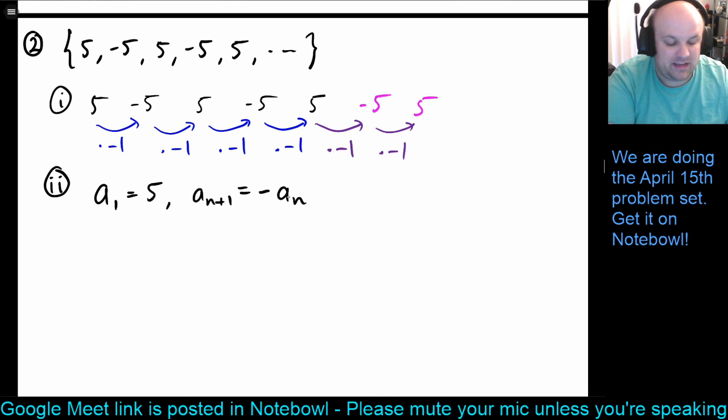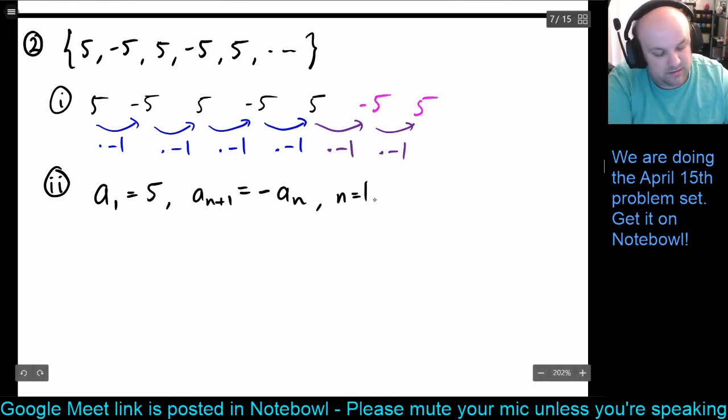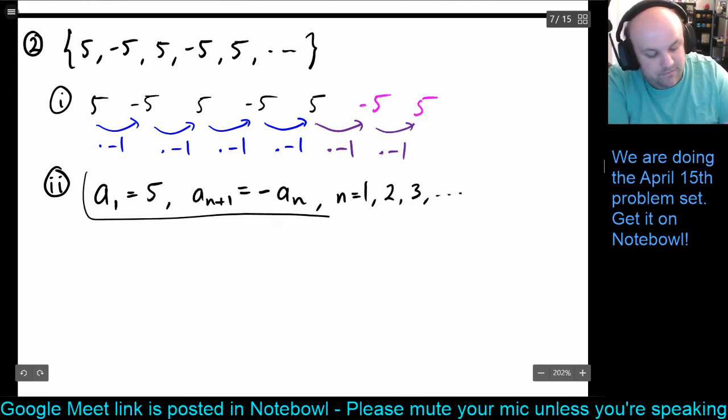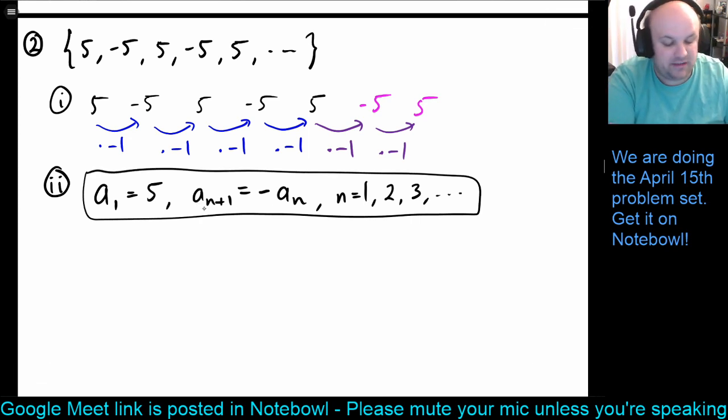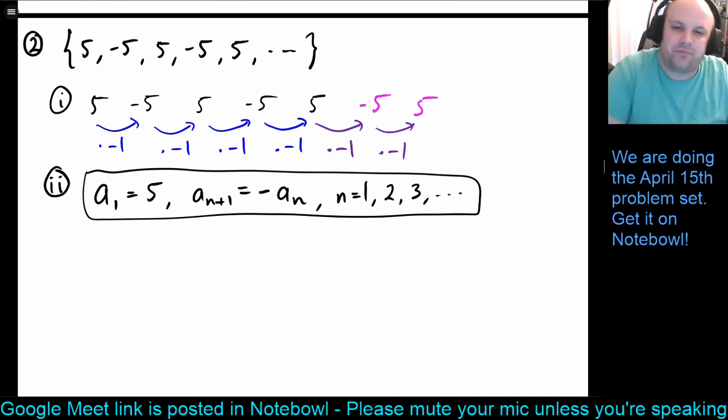Just take whatever we had before, multiply it by negative 1. And here this n starts at 1. Again, there's no harm in saying a_n equals negative a_(n-1) and then start your n from 2. Perfectly fine, whichever one you like. Right? Any question there?